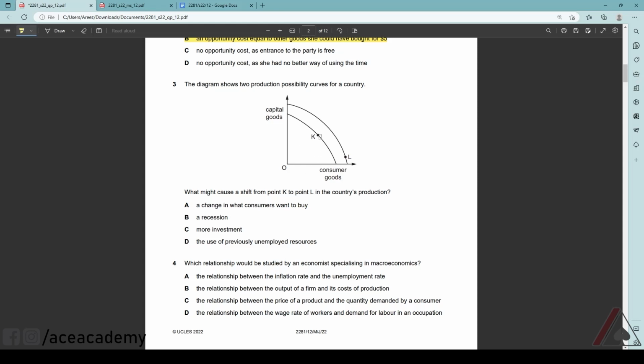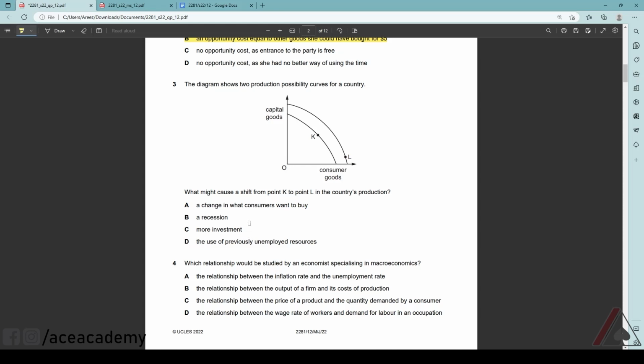B, a recession. Since it's an outward shift, it cannot be a recession, because an outward shift implies that there has been an increase in the country's production possibility. Therefore, a recession would be quite the opposite of what's happening. C is that there's going to be more investment. Does this make sense? It does.